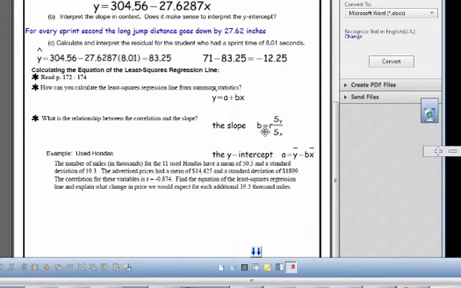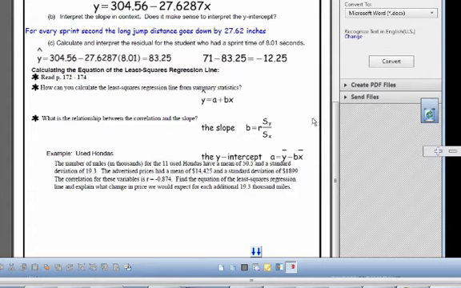The slope b is found by our correlation r multiplied by the standard deviation of y over the standard deviation of x. And our y-intercept, which is a, is equal to y mean minus the slope, or b, times the x mean.